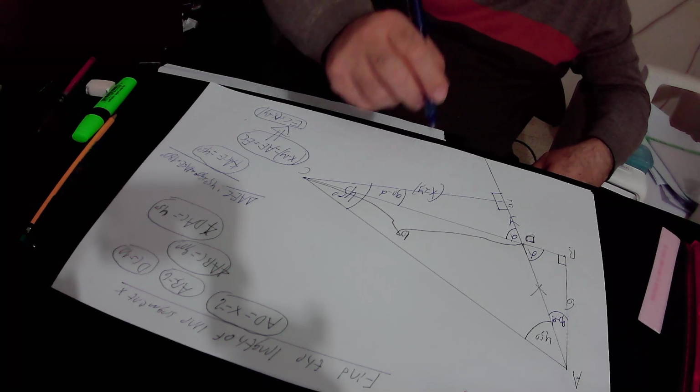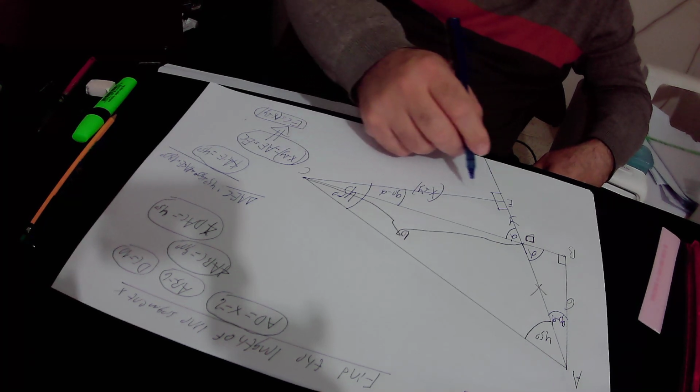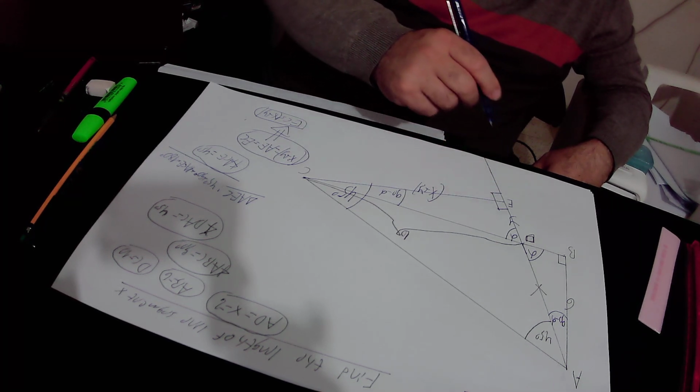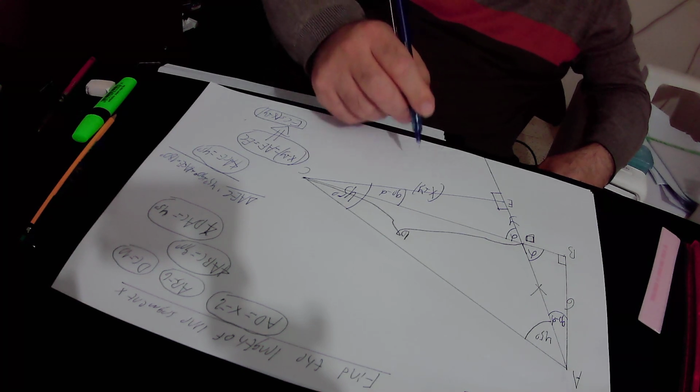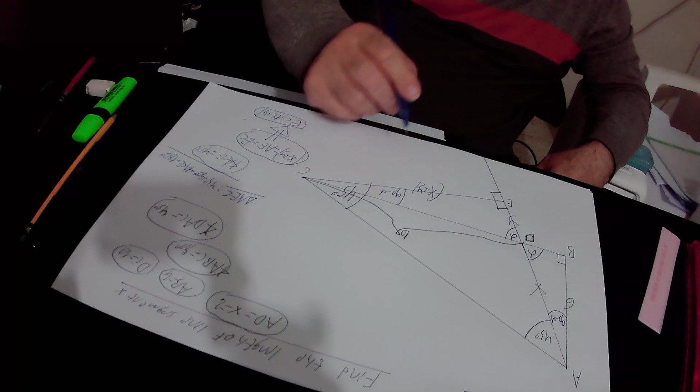Then we get that 90 degrees minus alpha plus alpha is 90 degrees, and 90 degrees plus 90 degrees is 180 degrees. That is the reason that this angle equals 90 degrees minus alpha.